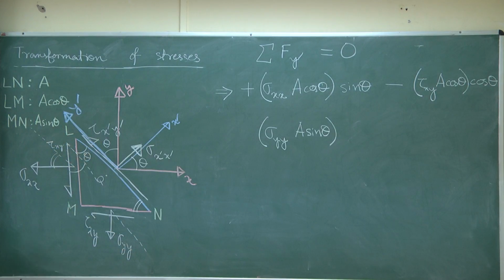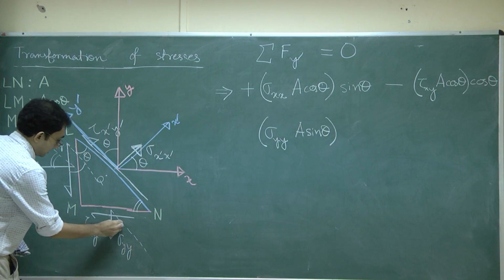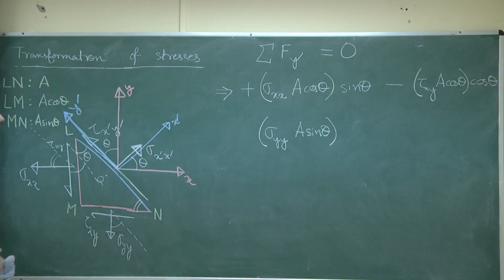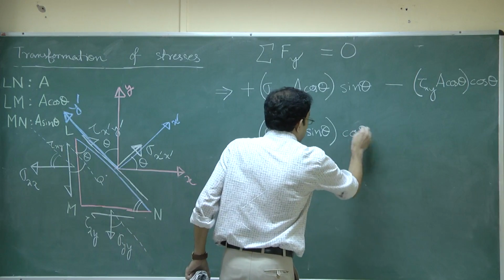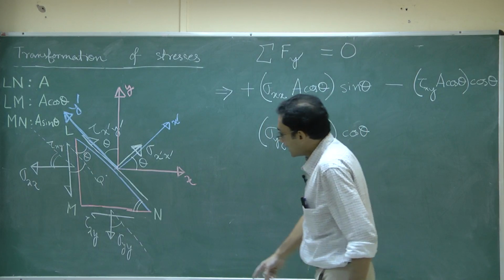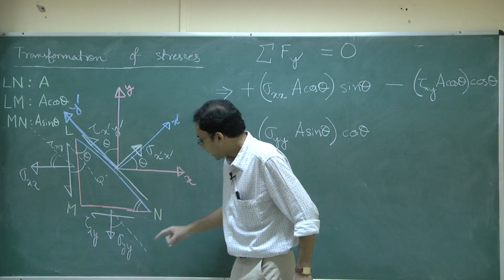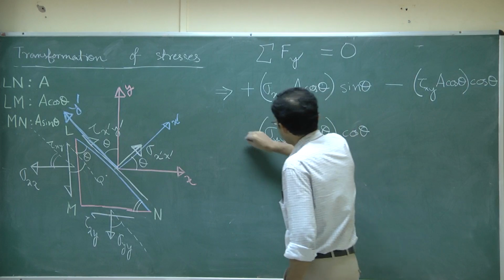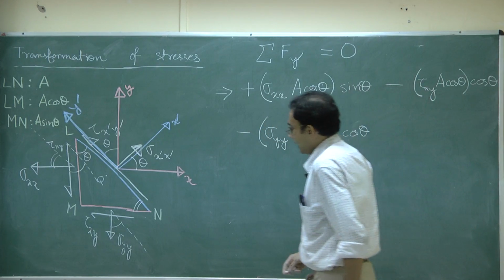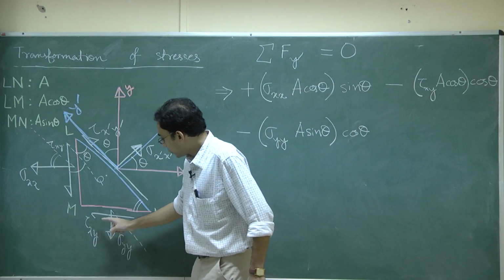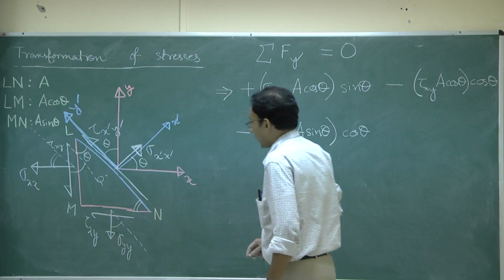So again, comparing with this particular case, this angle is nothing but theta. So all I have to do is consider the cos theta. This force along this dash direction is along the negative y dash direction. So this is coming with a minus sign, and next I have to consider the force contributed by this tau xy.